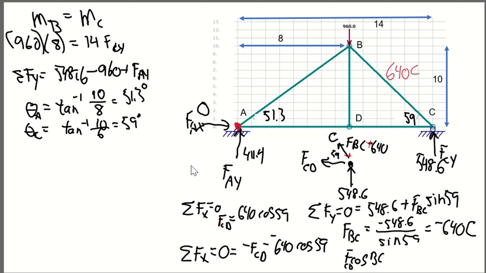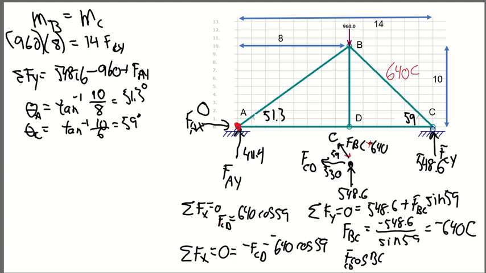Okay? And so when I do that, 640 times cosine 59, I get, perfect, 329.6, so we'll round that up to 330 because I'm running out of room. So that becomes right here, 330.